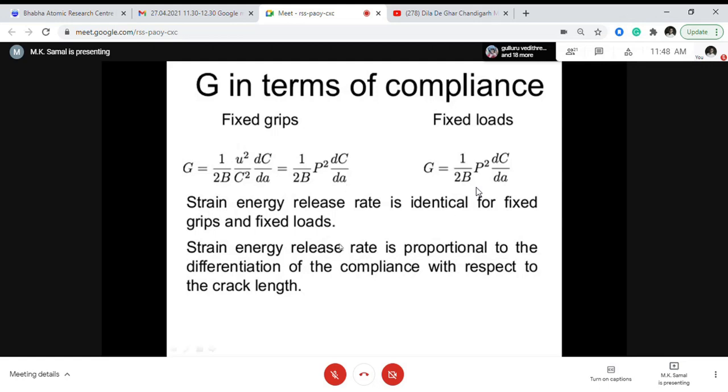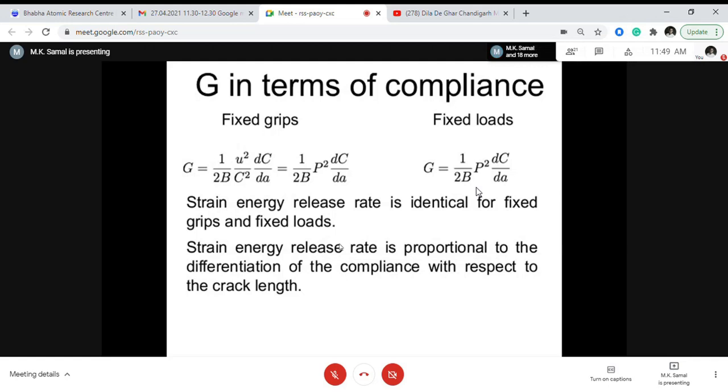This also gives a method to evaluate G numerically. For example, you cannot do experiments in certain geometries, such as a big vessel or a large component. You cannot make a crack and do an experiment there. You can do experiments only on small specimens. But our aim is to evaluate the G parameter or stress intensity factor for an actual real-life component. In that case, you can do a numerical simulation using the finite element method. In numerical simulation, you make a crack, then you calculate the stiffness.